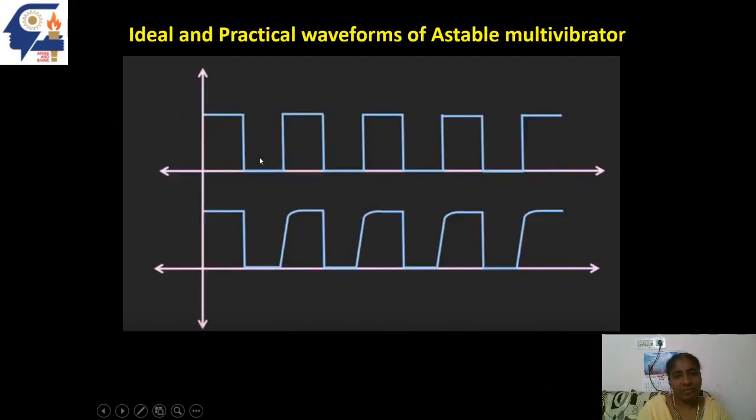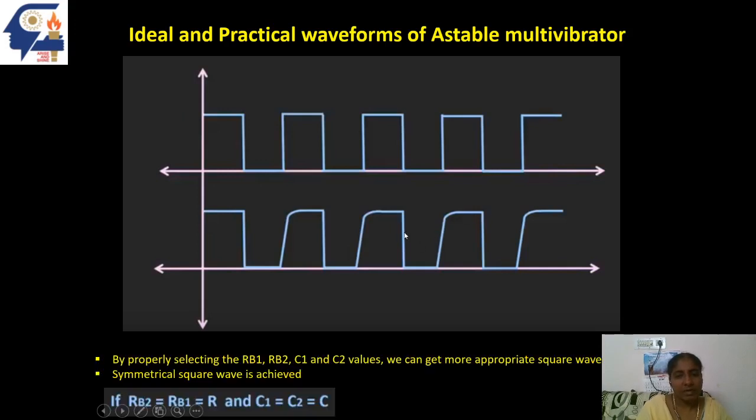Practically we will not be getting it like this. The charging of the capacitor will give this curved shape for the output. In order to get the ideal waveform like this, we have to adjust the values of resistors and capacitors so that we get a sharp, ideal type of waveform with two quasi-stable states.